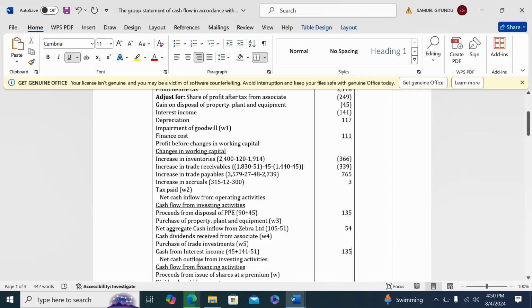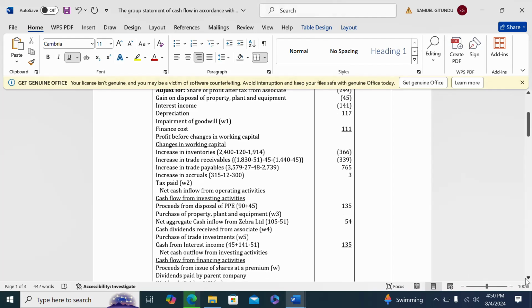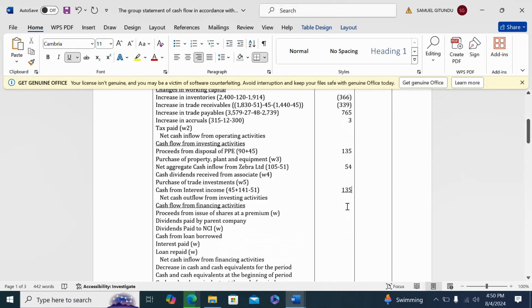So the total here will be the net cash inflow or outflow from the investing activity. Then we go to the financing activity. Proceeds from issue of shares. That one will need a working, so we can call it working 6.